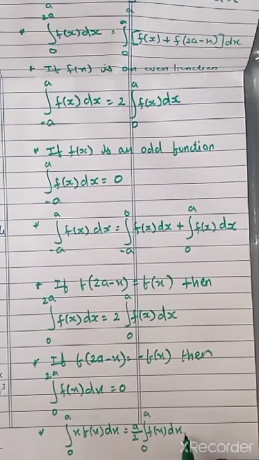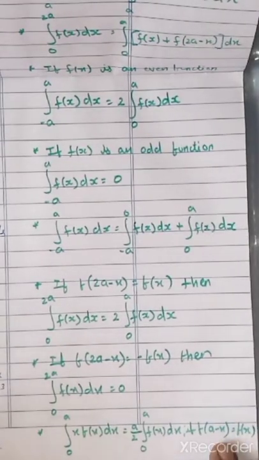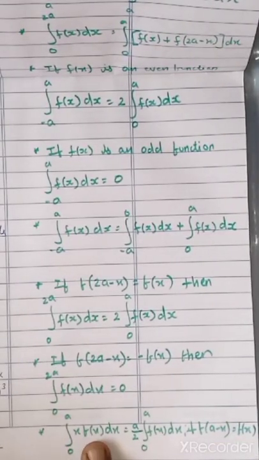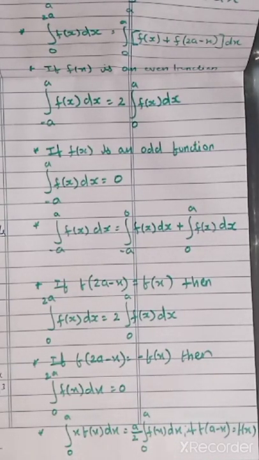When can you take this one? If f of a minus x equal to f of x. If this condition is satisfied, then you can write this x f of x as a by 2 integral f of x dx.